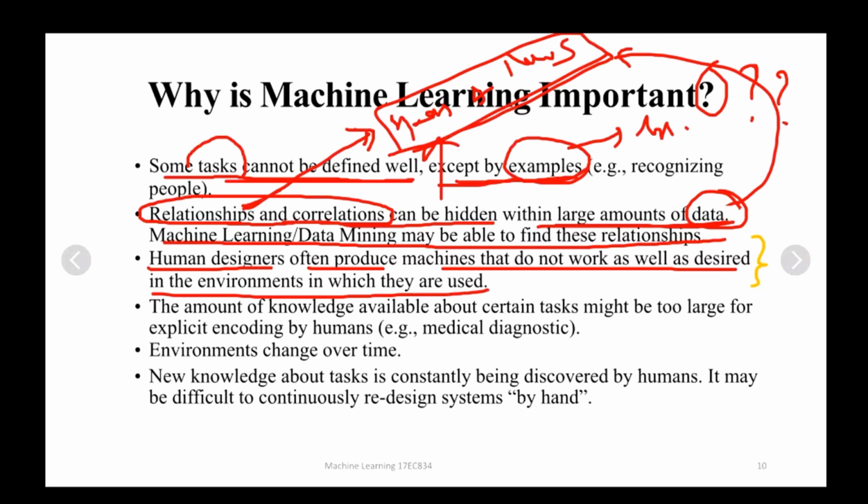The amount of knowledge available about certain tasks might be too large for explicit encoding by humans, especially medical diagnostics. One better example, probably in the previous class also I spoke about that while discussing in general. Medical diagnostics is nothing but every day so many people go to the hospital for different types of tests, medical tests.